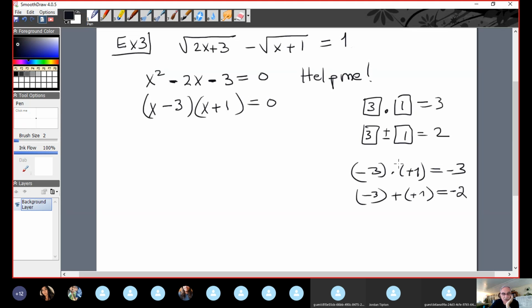If it's positive, we expect the same sign. But this sign indicates the sign of the bigger number, and the bigger between 3 and 1 is 3. The other, of course, is the opposite. So you separate this into two linear equations. And the solution is 3. And the solution is negative 1.